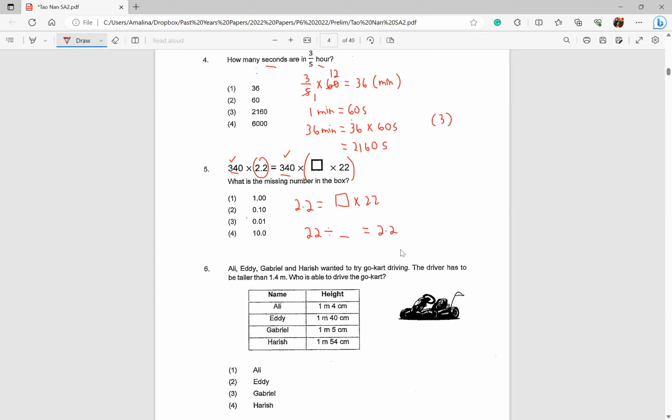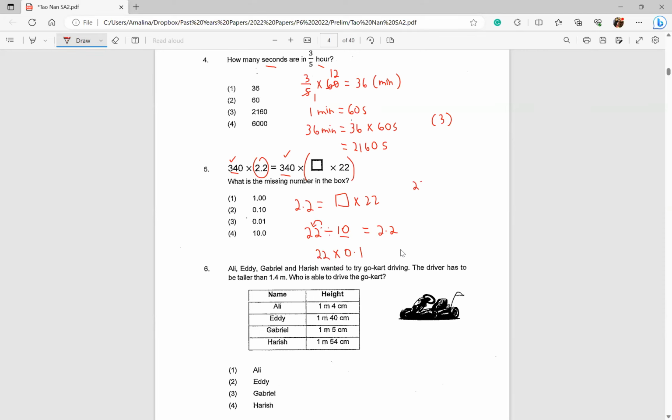So you realize you must actually go back a space. Let's say if I put this decimal point, you go back by 1 space, which means you have to divide by 10. But because this is multiplication, 22 divided by 10 means that is as good as your 22 multiplied by your 0.1.